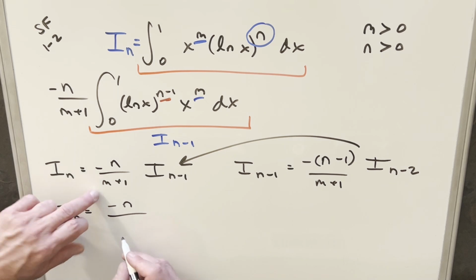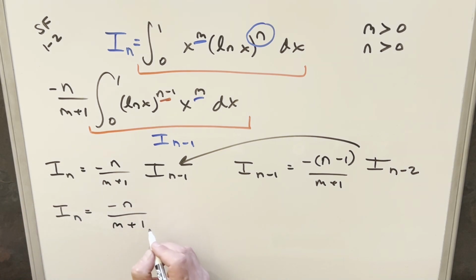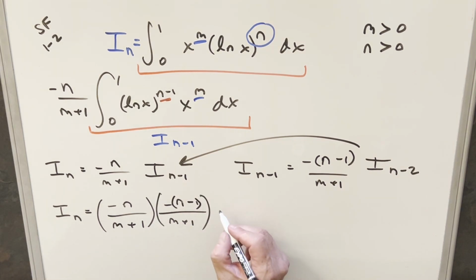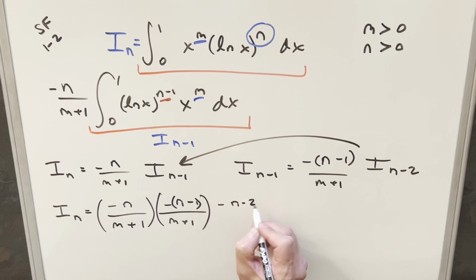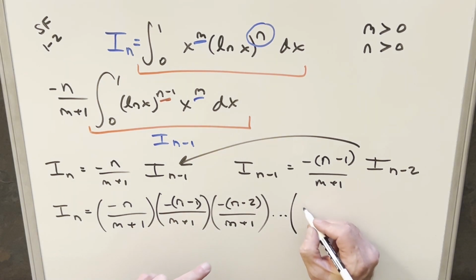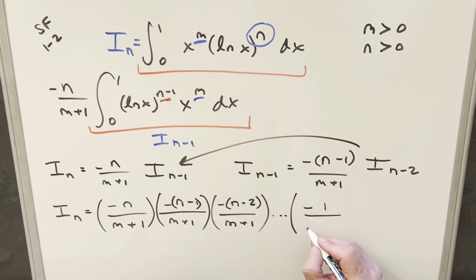What's going to happen is you'll have something like this first one, minus n over m plus 1. The second one's going to be minus n minus 1 over m plus 1. Then you'll have a minus n minus 2 here. And then eventually this last one is going to get down, because n is finite, to minus 1 over m plus 1.